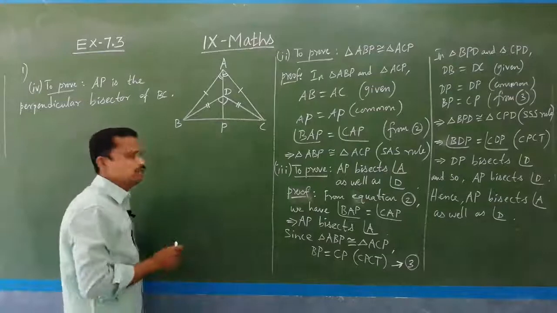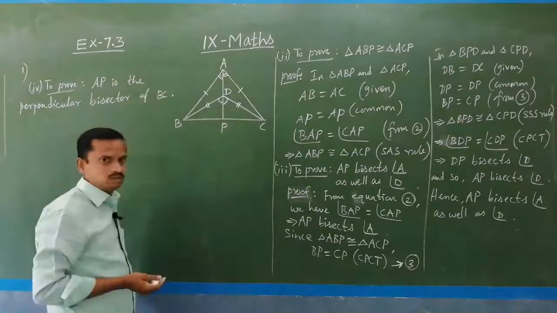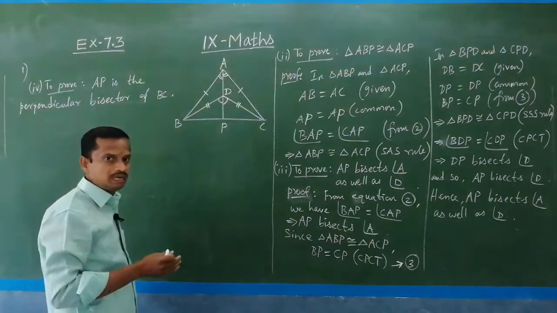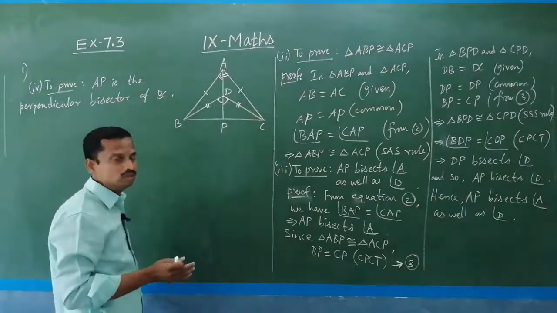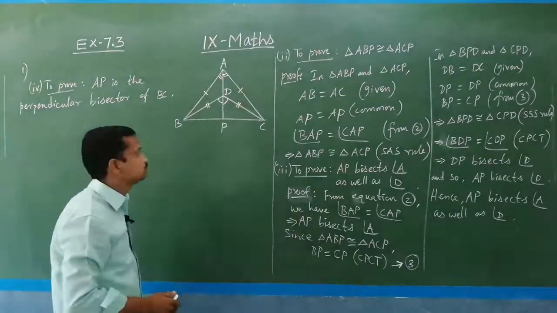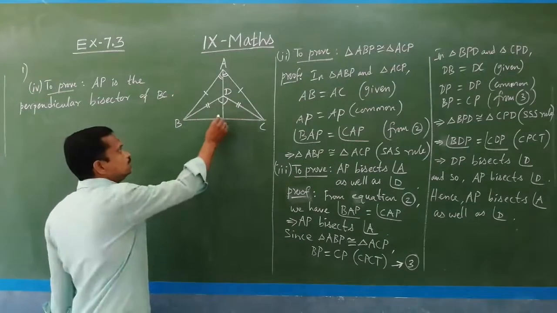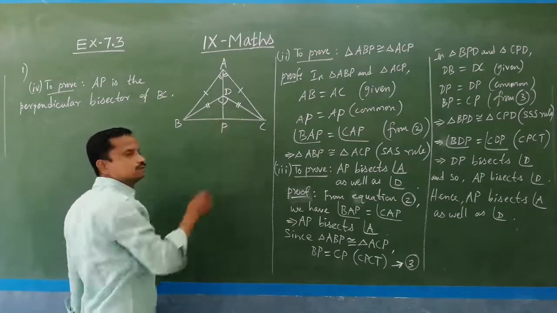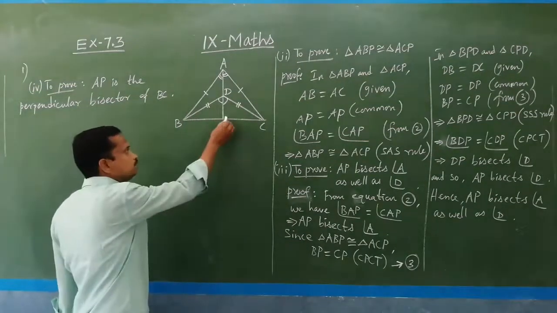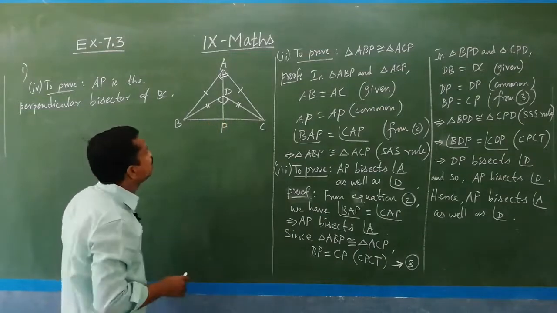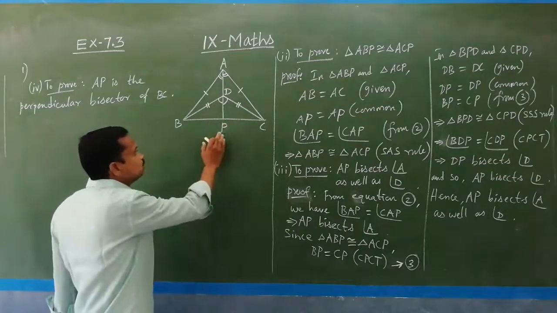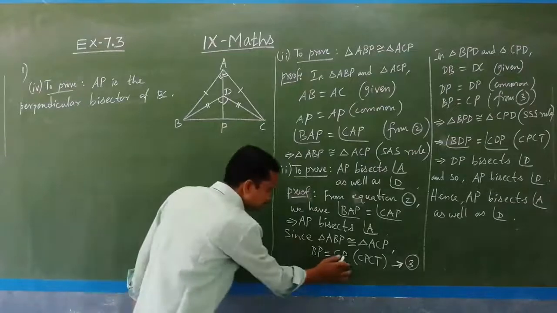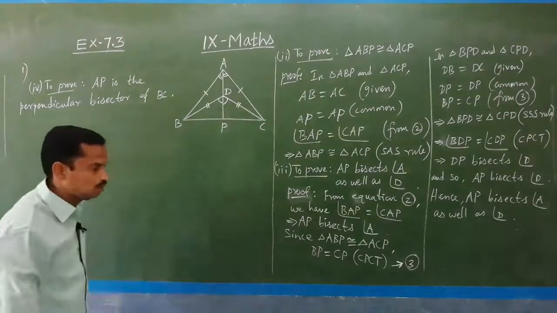Perpendicular bisector means AP should make a 90 degree angle with the base BC. Am I right? So we have to show these two angles are 90 degrees. And BP equal to CP we already have, in equation 3.